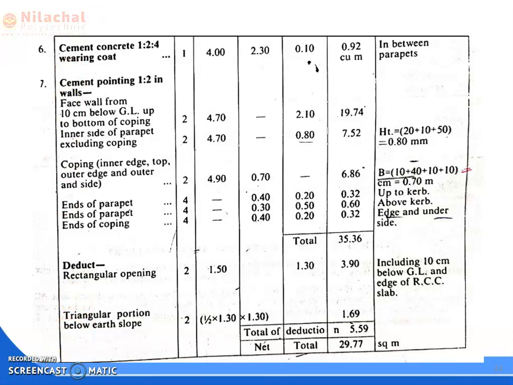Then we go to the part inner side of parapet excluding coping. What do you mean by inner side of parapet excluding coping? After we consider the parapet section of outer side, which means in case of face wall, we consider only the face portion, but the opposite side of parapet wall is located from the road.